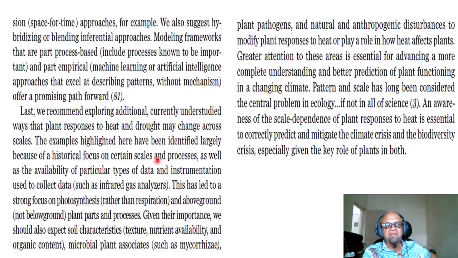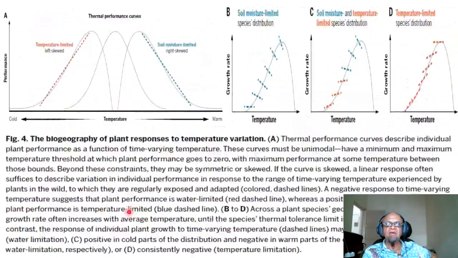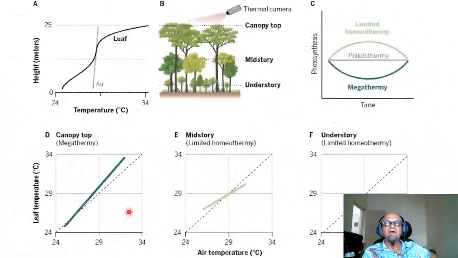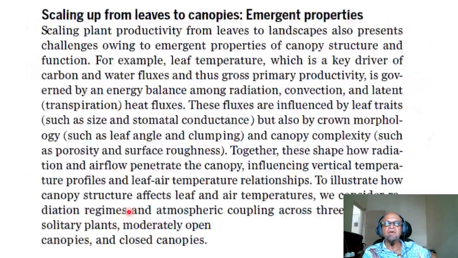Okay. The examples highlighted here have been identified largely because of a historical focus on certain scales and processes, as well as the availability of particular types of data and instrumentation used to collect the data, such as infrared gas analyzer. This has led to a strong focus on photosynthesis rather than respiration, and as you imagine, we only mentioned respiration very casually in a schematic way, where we looked at, here, let me go back.